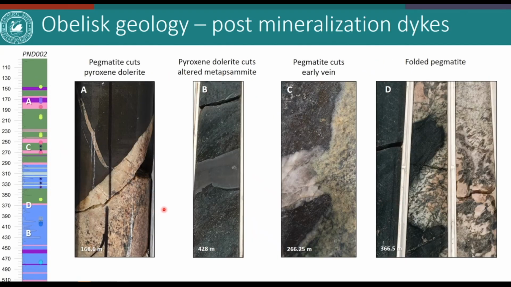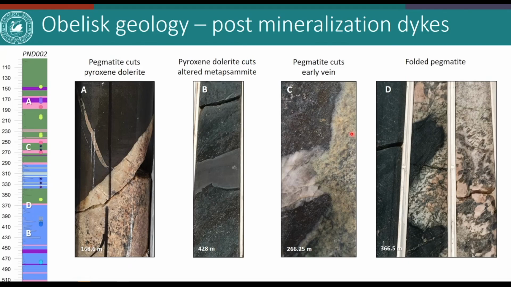The timing of the dikes are shown in these photographs here. In the first one, it clearly shows the later timing of the granitic pegmatite, which cuts this darker pyroxene dolerite. The pyroxene dolerite is post-mineralization because it cuts mineralized and altered metasedimentary and metagabbro wall rocks.